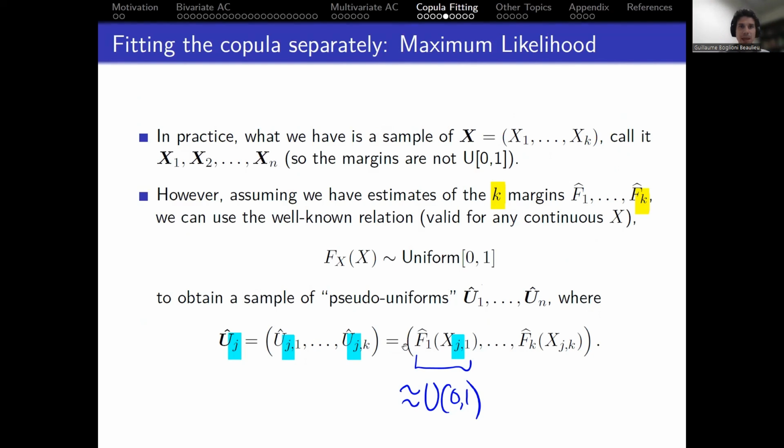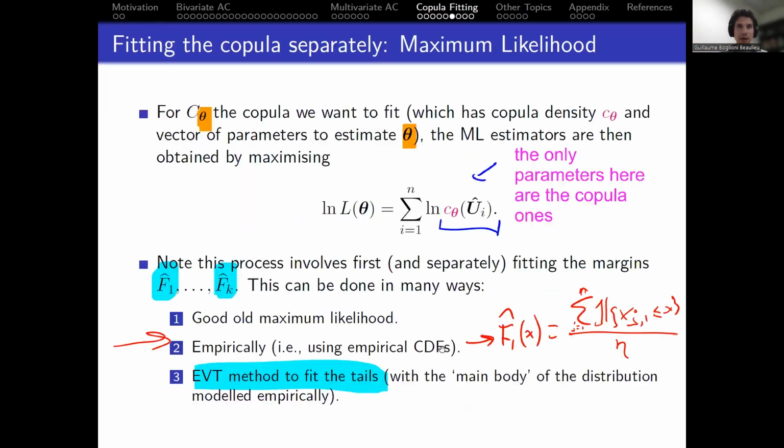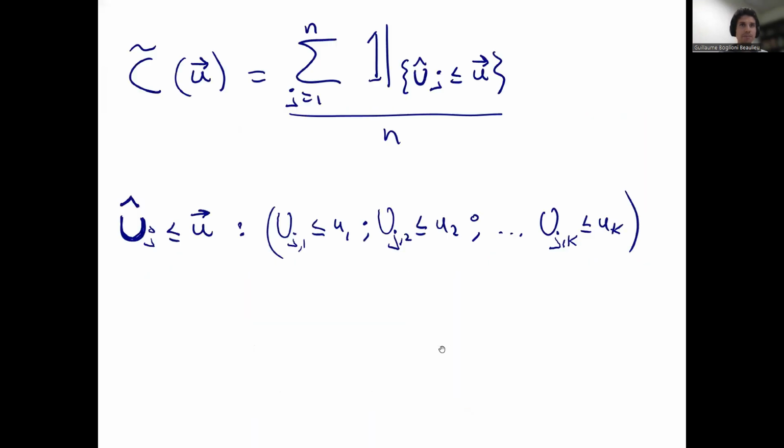This is f hat 1 at the observation xj1. But in the first method, f hat is simply the empirical CDF of the first variable. So what I have here, I just said in the R code that I'm taking the rank of x1 divided by n+1. Why do I do that? I've added a slide over there just to explain.